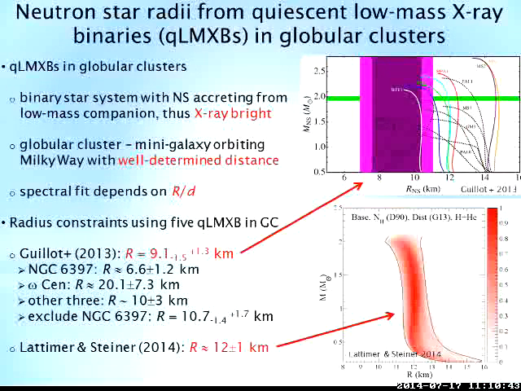Oh, so they fit all 5 systems independently and get these values, and then they say, well, because it's a contour plot within this plane, can we get them all to have the same radii? Is there some probability distribution that says that they all have the same radii? And they can, and that radius turns out to be this.